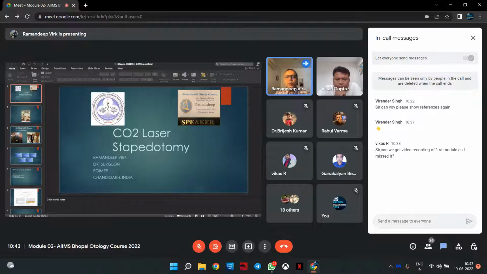Because when you start out, you want to start with simpler cases and leave the complicated cases for later. Everyone's time will come. It's a journey which everyone has to complete. Then a CT scan is mandatory, like I do in all my cases, and we will soon discuss why.